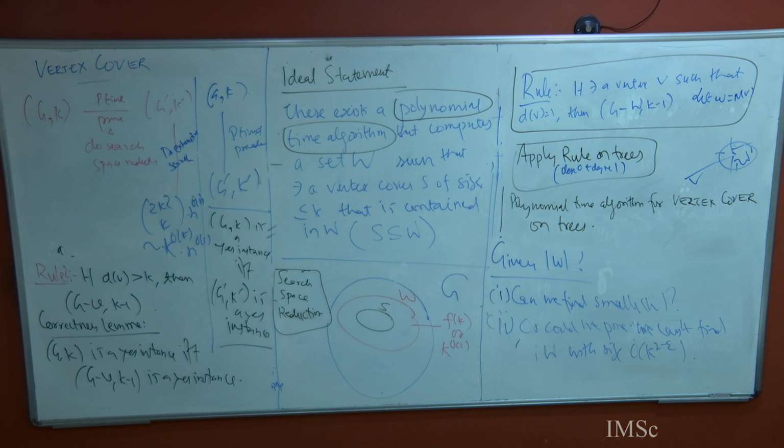Formally, if there exists an optimum solution S containing V, then I can make a same-size solution that doesn't contain V and contains W. Delete V, add W. The size remains the same, and every edge which was covered before is covered now.